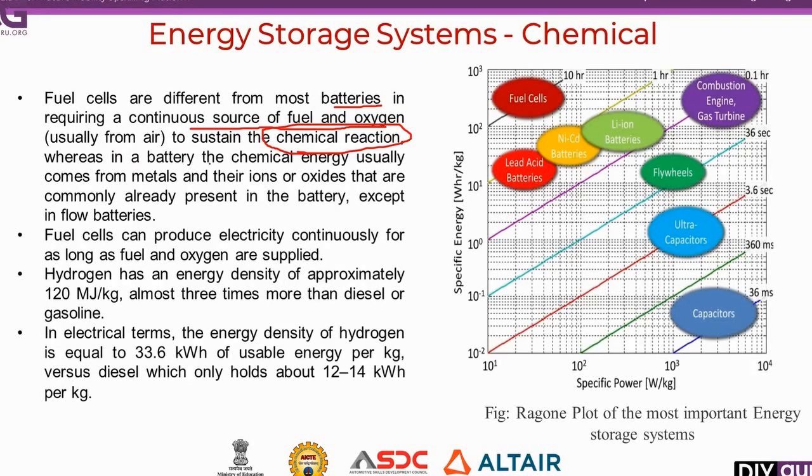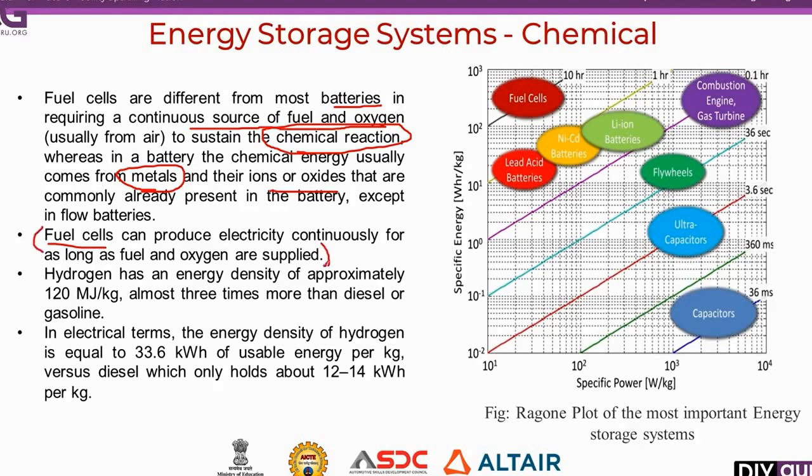But in a conventional battery the chemical reaction usually comes from the metals and their ions that are commonly present in the battery. But in the case of fuel cells, we require the fuel and the oxygen continuously. Also, fuel cells can produce electricity continuously as long as the fuel and the oxygen are supplied.